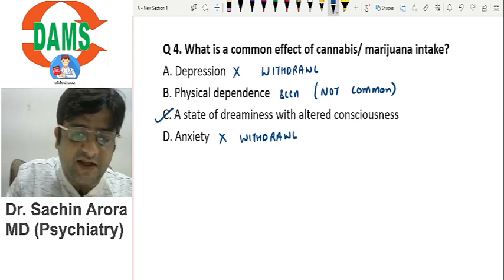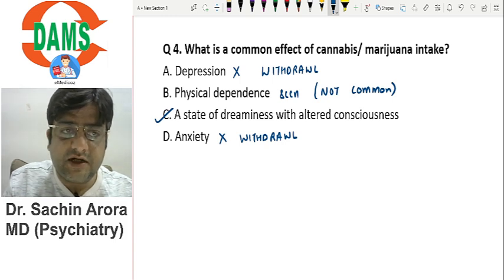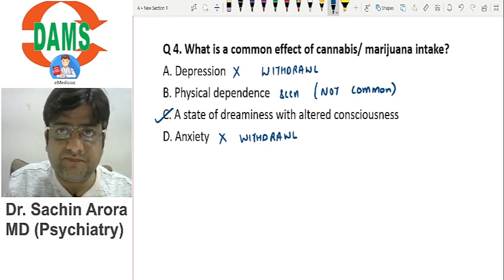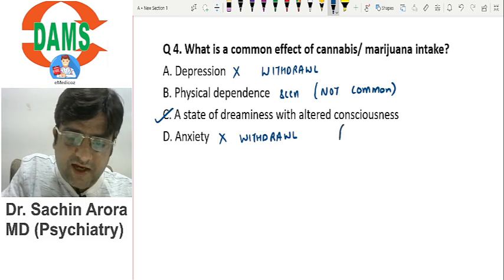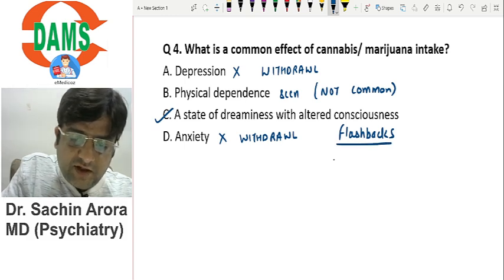A state of dreaminess with altered consciousness: cannabis may cause a dreamlike state and altered perceptions. Cannabis can cause increased perception. It can cause flashbacks. It can cause decreased appreciation of time.